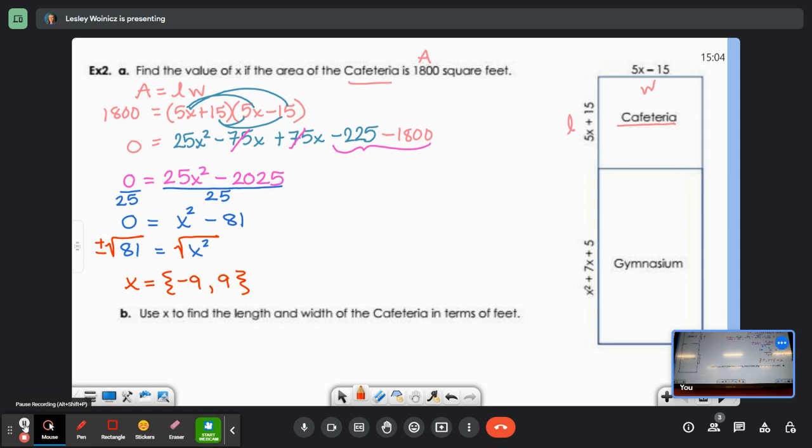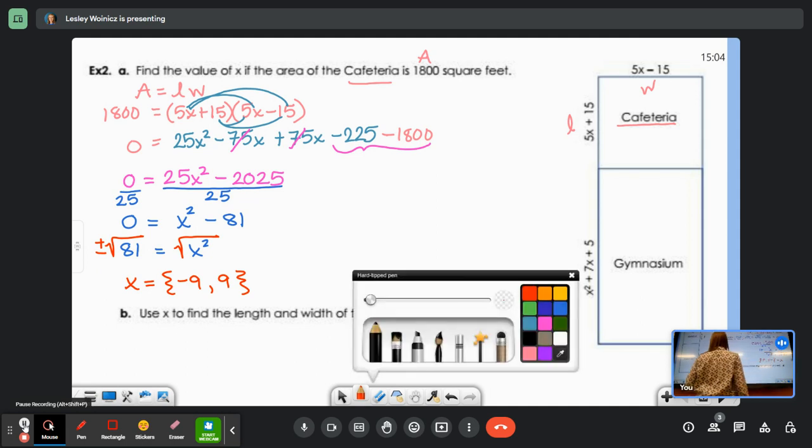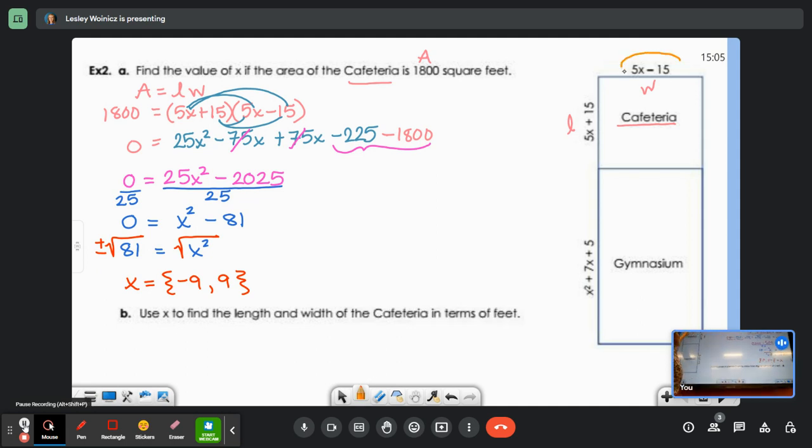Okay, so last time we just had to kick out the negative one automatically because we couldn't have a negative length, right? X is not exactly the length or the width. X is just something in this problem that we can use to find the length or the width. So we have to see if it works when we plug it in. So you see this expression up here? We're going to check to see if the negative 9 works in here for a width.